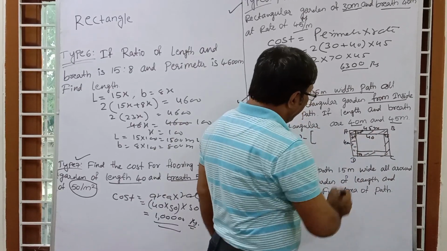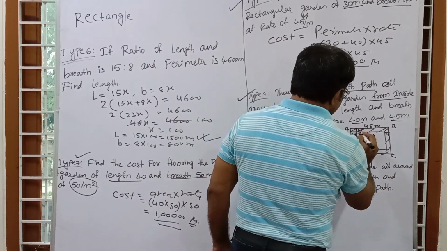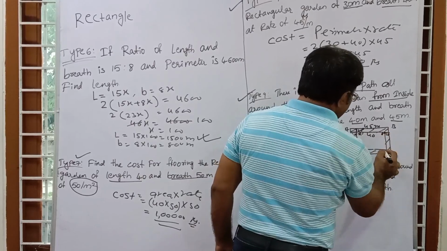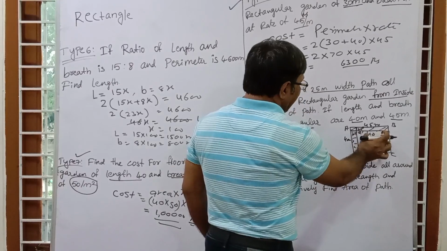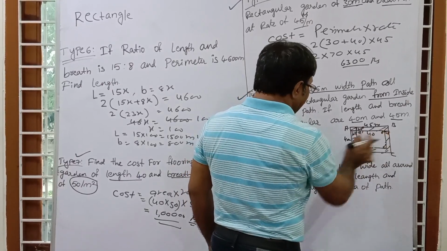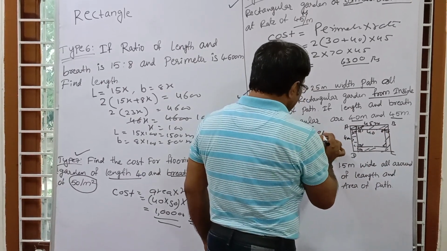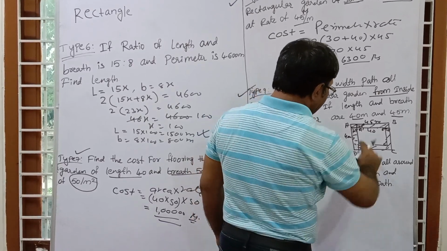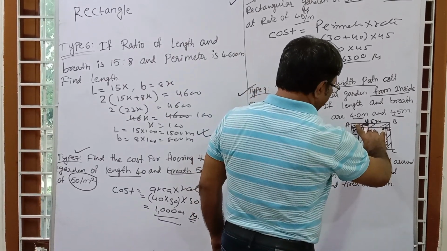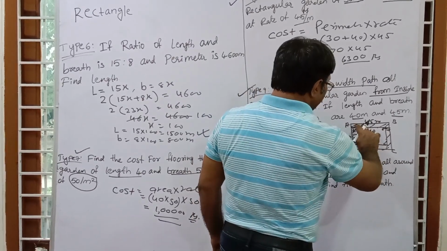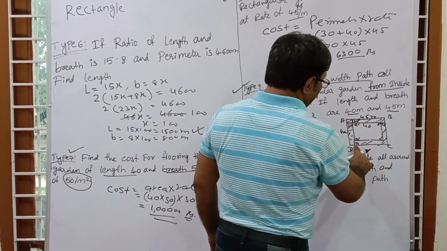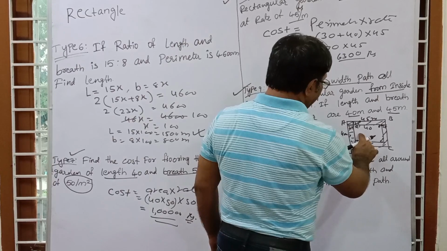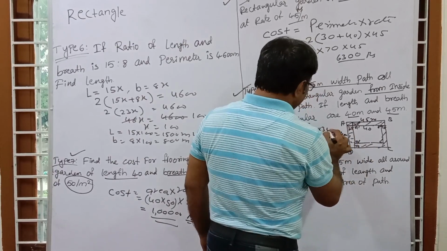Suppose this is A dash, B dash, C dash and D dash. So A dash B dash will be only 40, the length of the smaller rectangle. In the same way, this 2.5 and 2.5 cut, so 40 minus 5 is 35.